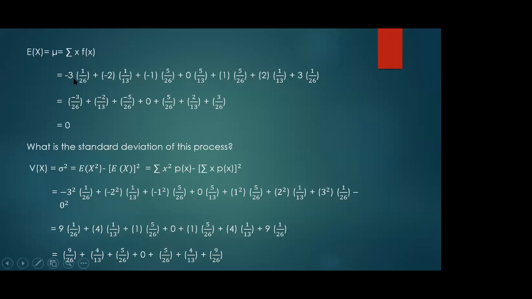So we got -3 times 1 divided by 26 plus -2 times 1 divided by 13 plus -1 times 5 divided by 26 plus 0 times 5 divided by 13, or 0 times anything is 0. 1 times 5 divided by 26 plus 2 times 1 divided by 13 plus 3 times 1 divided by 26.